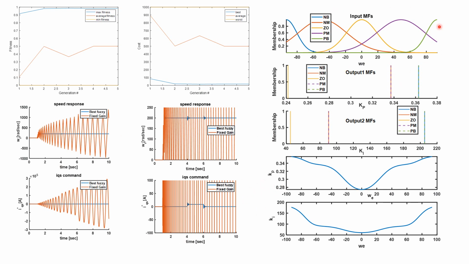And this is the final result of my input membership function, and then this is the output for Kp and the output for Ki, and this is the effective input-output relationship, which is basically a lookup table for Kp and a lookup table for Ki.